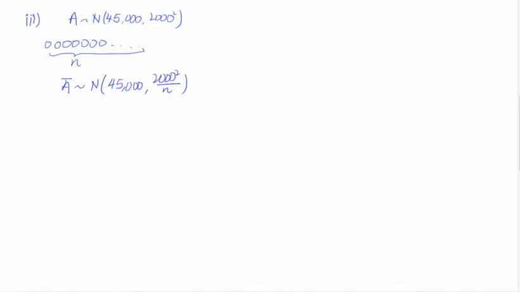Now if you're not too sure what I am doing here, let me quickly run through a review, because this is a normal distribution, so no CLT is involved here. Imagine that we're going to have A1 plus A2 plus dot dot dot until AN. So there's so many of them. This will follow normal distribution, of which 45,000 n and 2,000 square n.